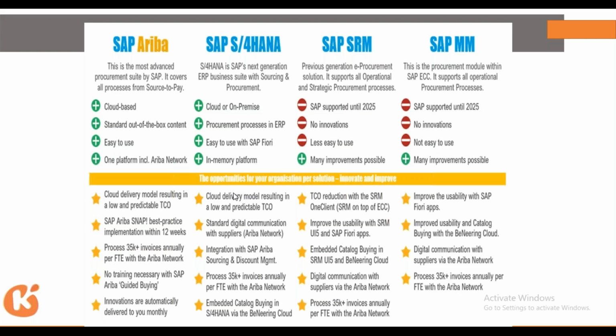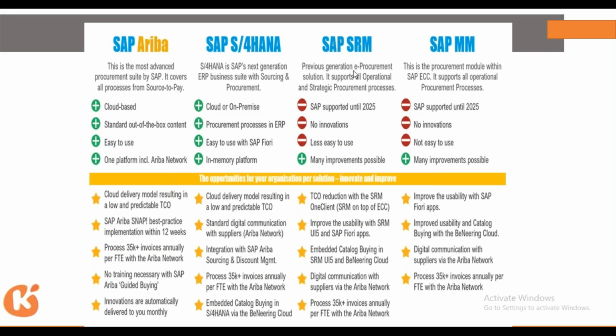The Fiori app is a simplified version of the transactions in ECC. But if you compare the Fiori app with SAP Ariba, it is easy to use, but not as user friendly. In the same way, in S/4HANA we also have an in-memory platform, the HANA platform, that SAP offers in S/4HANA.